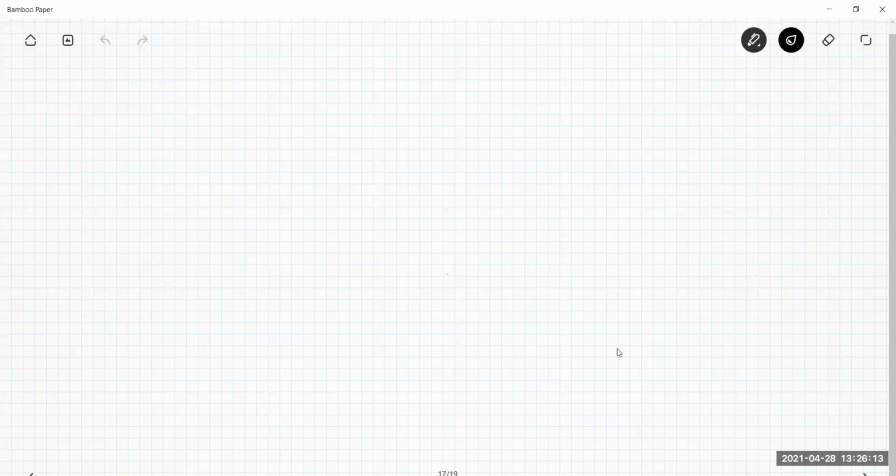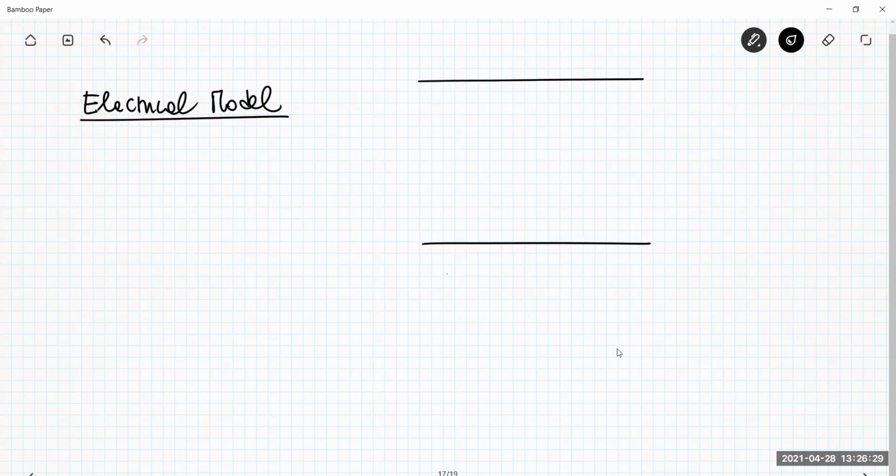So typically what happens is that if you look at the electrical model of these materials, you can see something like that. A capacitor here, and then several, theoretically infinite, branches like this.